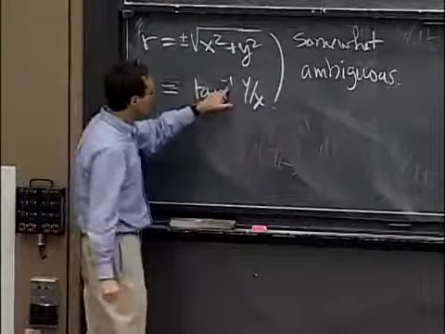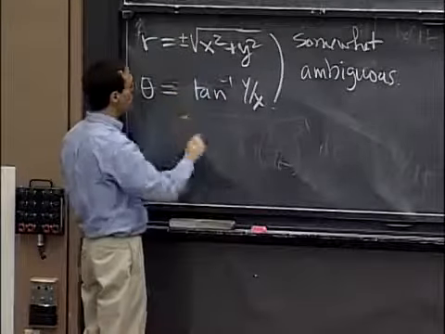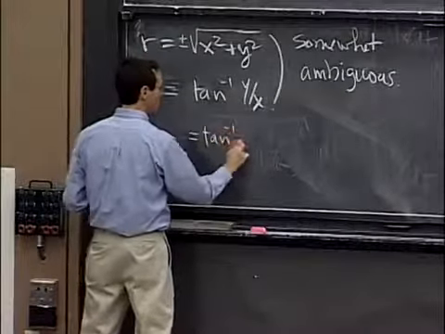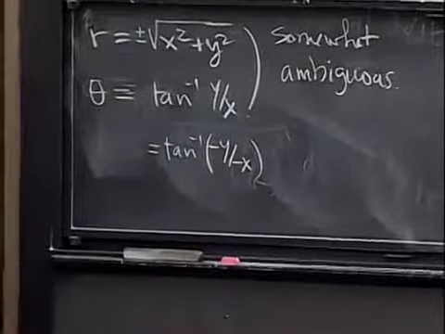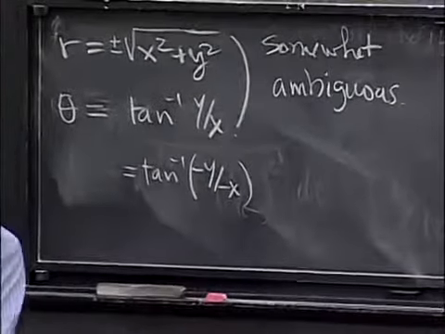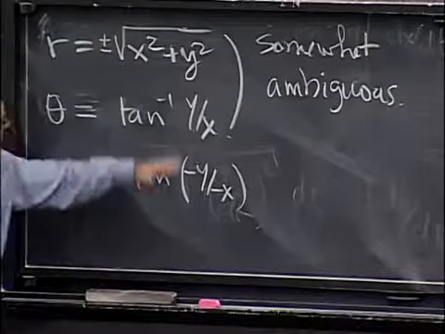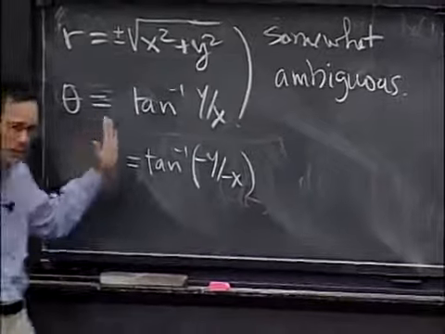And when you take the inverse tangent, it's the same as the inverse tangent of minus y over minus x. So these minus signs are a plague on your existence. And you're not going to get a completely unambiguous answer out of these formulas without paying attention to the diagram.